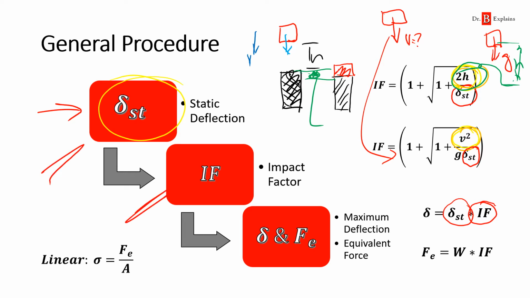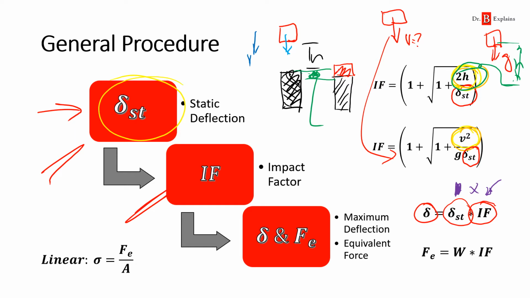And those two multiplied by each other are going to give us delta, which is the maximum deflection. What is this maximum deflection? It is a combination of the two: how much deflection we would have gotten from just the static loading, from the mass just sitting, times a multiplier, this impact factor, which captures the dynamic effect. Anyways, that's for the maximum deflection.